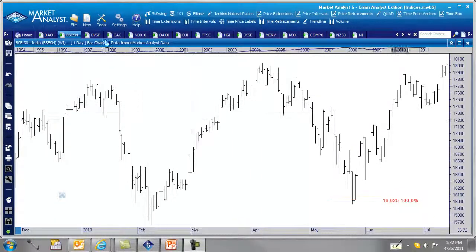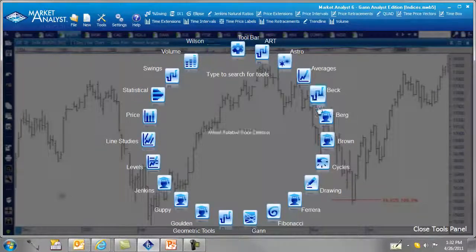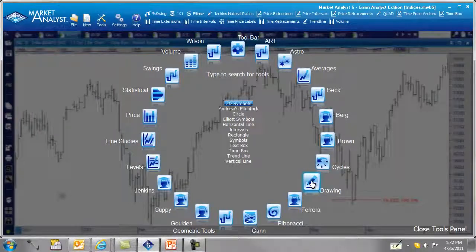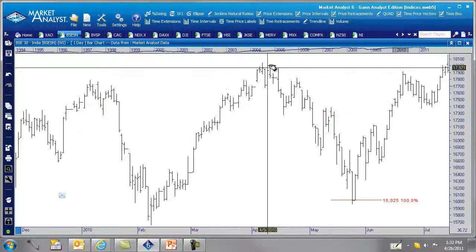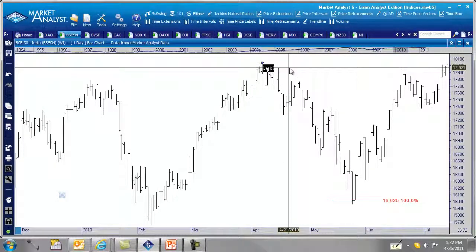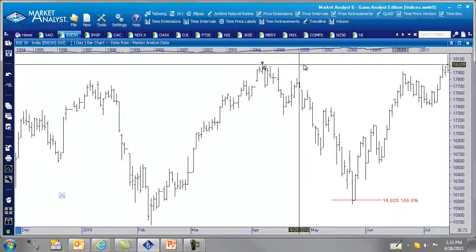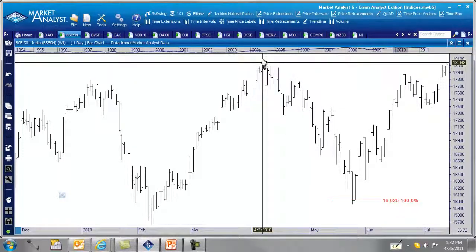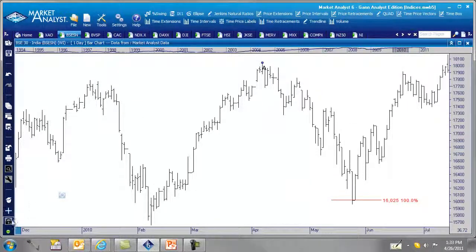We can also label the chart so it's clear. Let's go to drawing, and we go to text box, and we can just type in the letters here, A. I can copy that too.